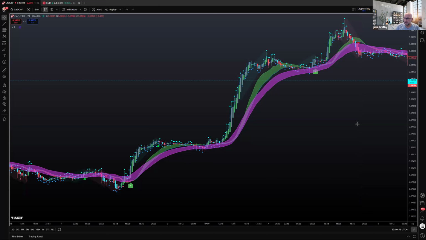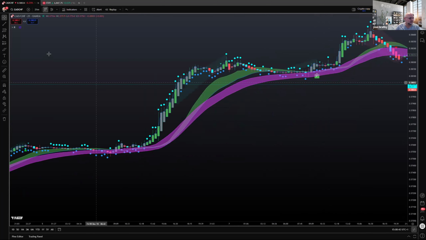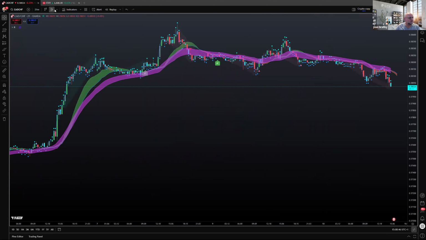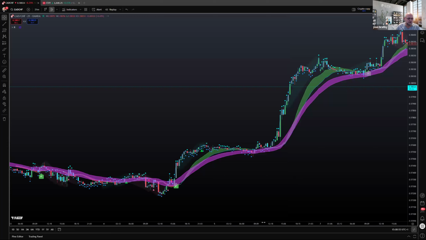Okay, so that is a YouTube video for the manager. The manager is a trade management brain, and it looks at and compares volume from candle to candle, and allows you to understand the volume.